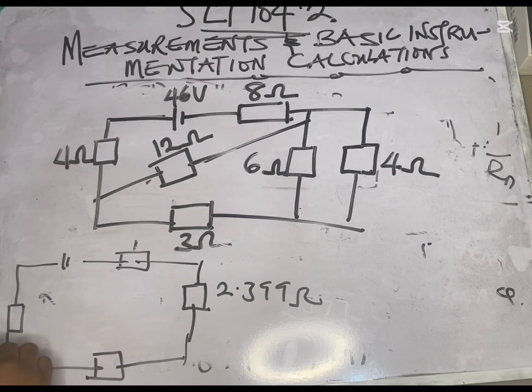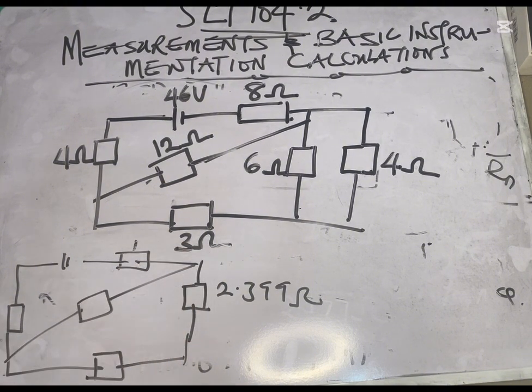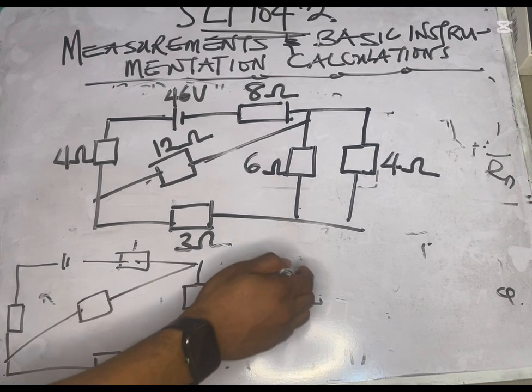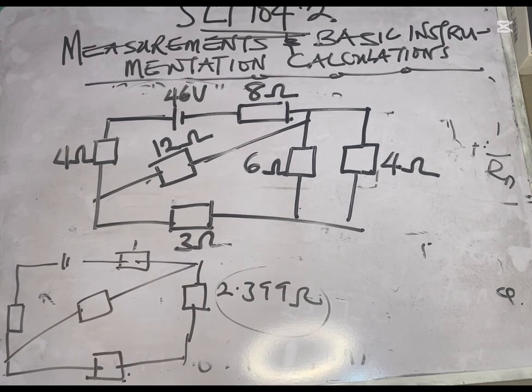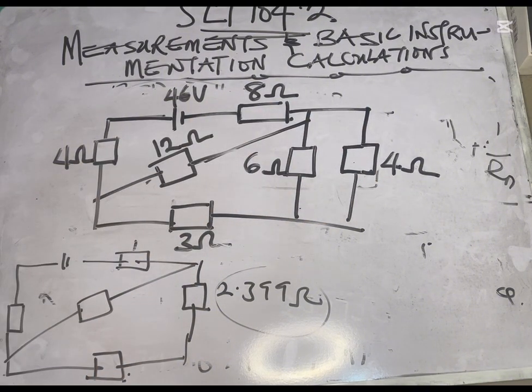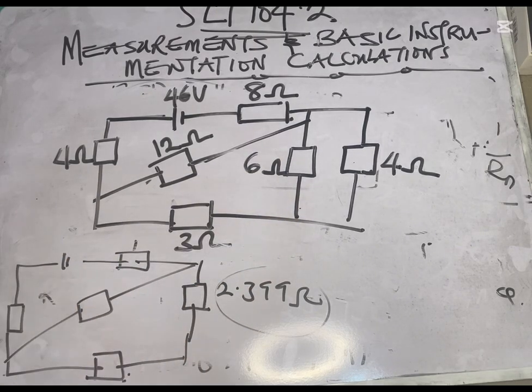Your diagonal resistance is still like this. This is what you now have. If you realize it very well, you will see that these two are now in series. These two that you combined in parallel to get the equivalent resistance now form this to be in series to this.